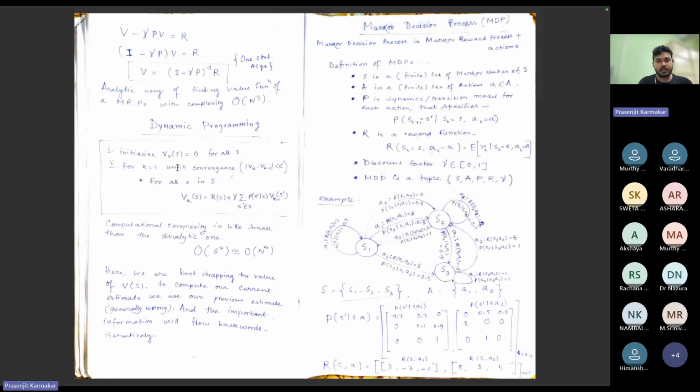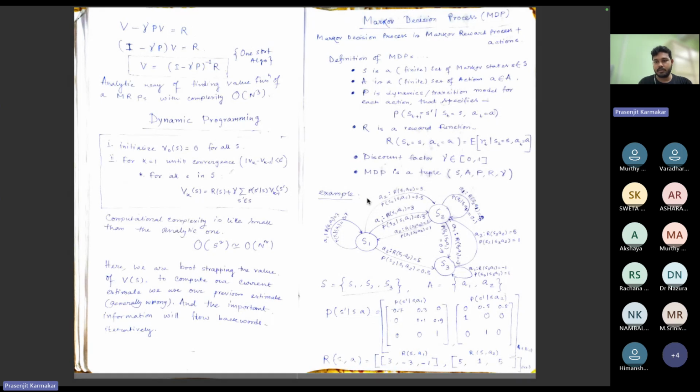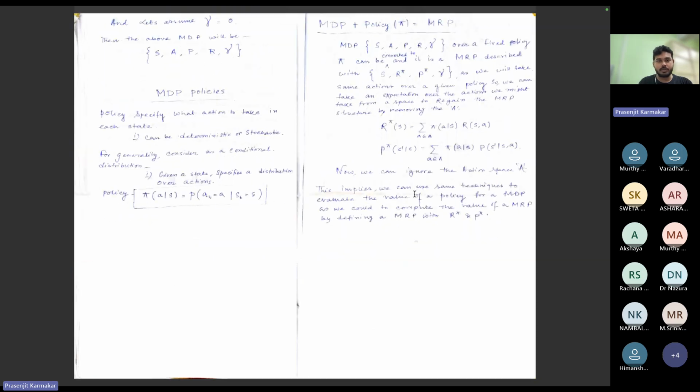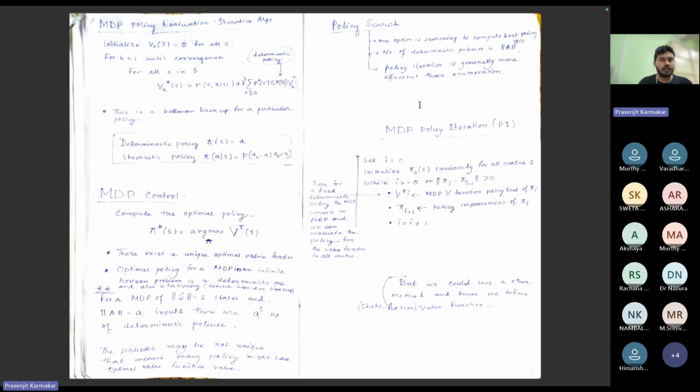You already know that you can compute the value with this. This part is also known to you, how to define a Markov decision process. If I add a policy to the MDP, it becomes an MRP. Fine. Policy evaluation, fine. MDP control.